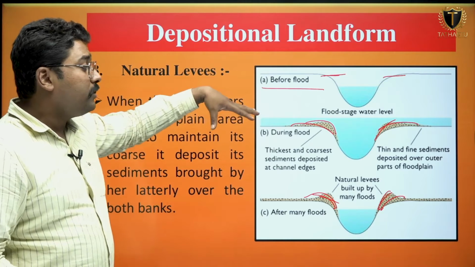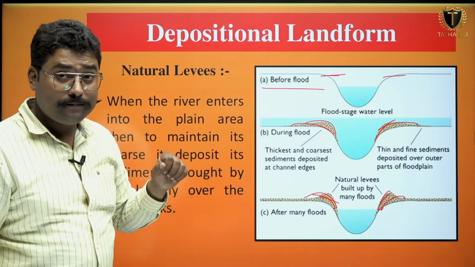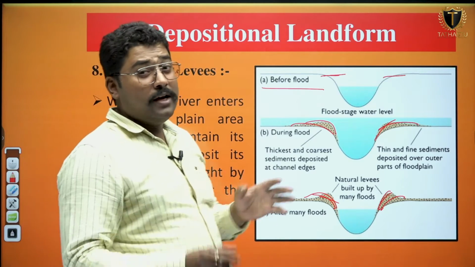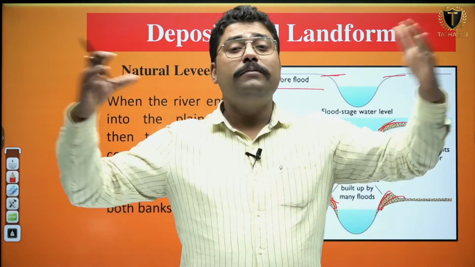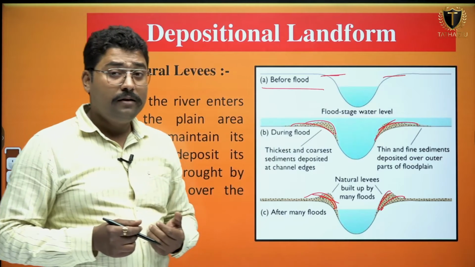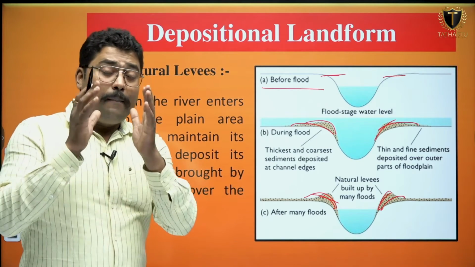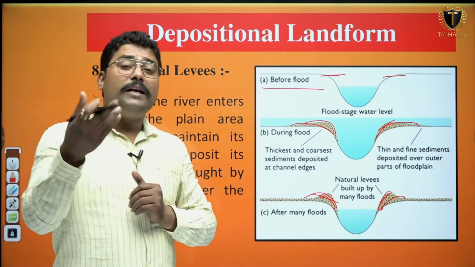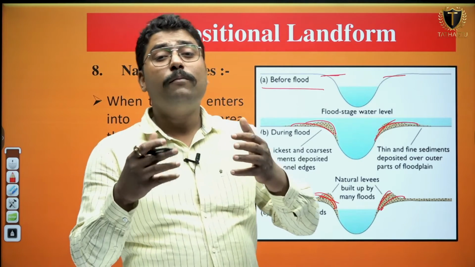Now after the construction of the natural levee, the most important thing, the river is preventing its water from spreading. But what will happen in the rainy season? Apart from the normal water, during the rainy season, the river will get more water.